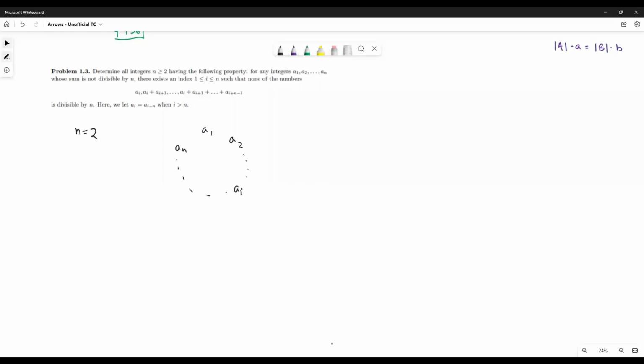Does there exist a starting point a_i such that the partial sums, a_i, a_i plus the next term, a_i plus the next 2 terms, and so on till a_i summed up till a_{i-1}, completing the whole circle, in these n numbers, can a_i be chosen such that none of these n numbers is divisible by n? I misread it as for every i between one and n.